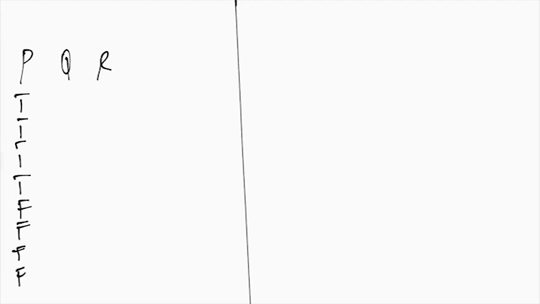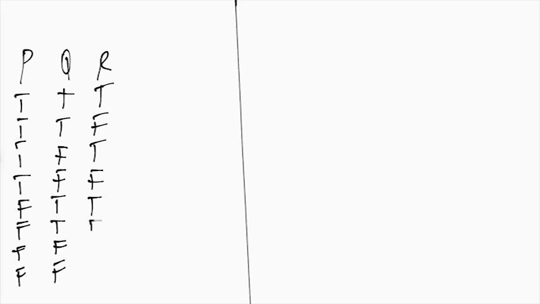Then for Q we have true, true, false, false, true, true, false, false. Then the last one will be true, false, true, false, true, false, true, false. One thing you should observe is that the last simple statement is always true, false, true, false, true, false, true, false. So you should take note of that.